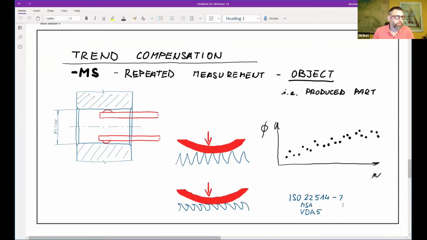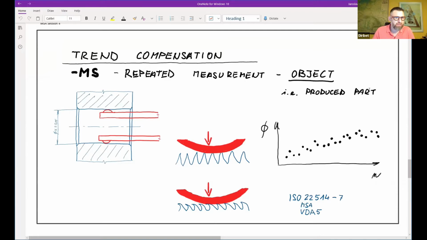This trend compensation is part of an evaluation of the measuring system of MSA. So please keep in mind that this is considering just the measurement system. And it is mostly employed when we do repeated measurements of the object. And the object is the produced part.